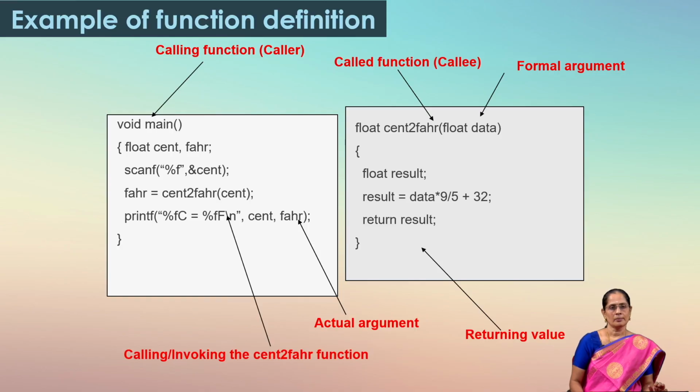We will take one more example with a return value and with an argument. Here the example is to convert centigrade values of temperature to Fahrenheit. We will be using the formula for converting the centigrade representation of the temperature to Fahrenheit.